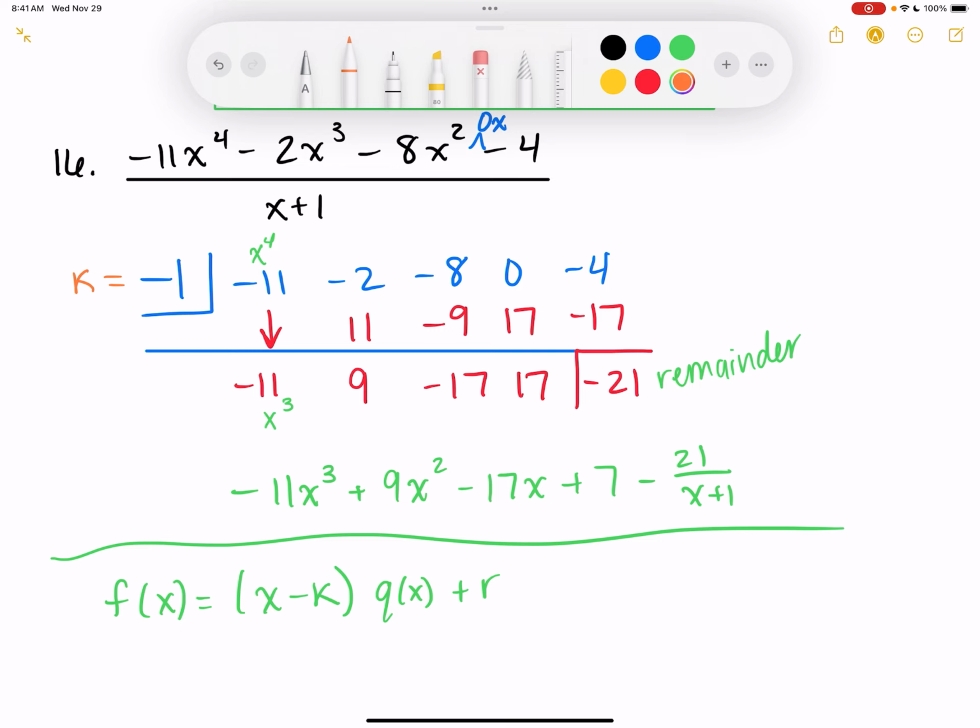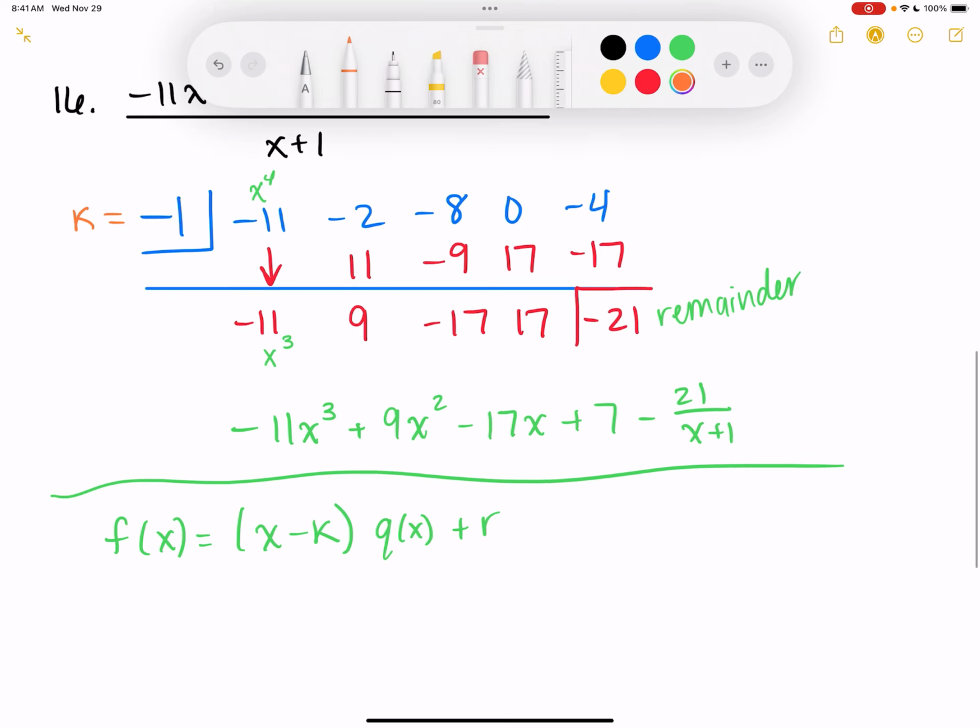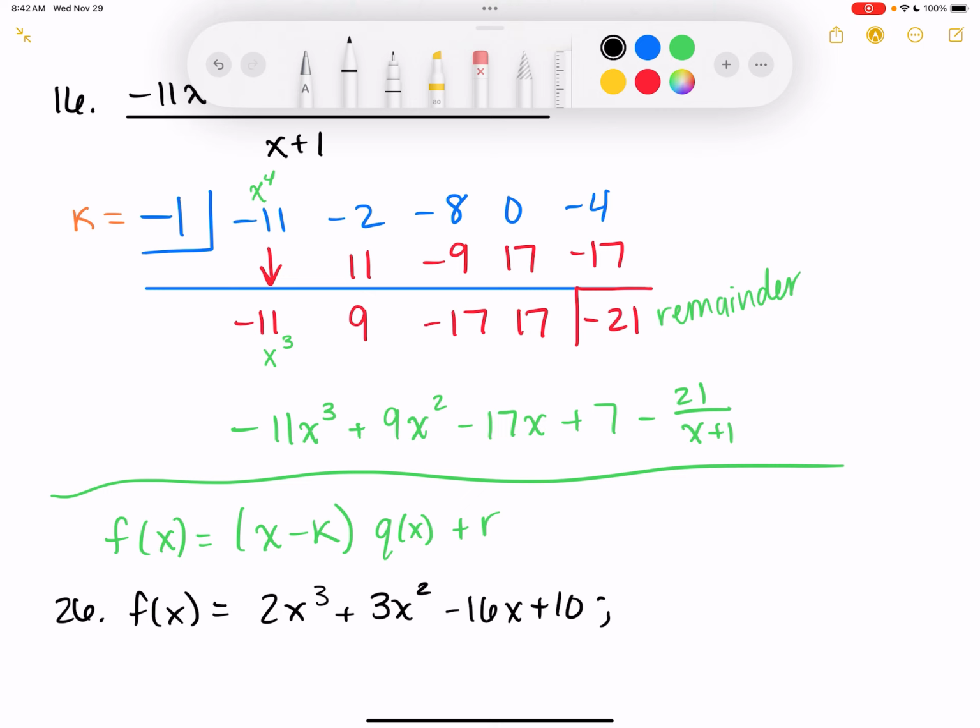So the way these problems are going to be given to you, it's going to be f of x is equal to 2x cubed plus 3x squared minus 16x plus 10, and k is equal to negative 4.